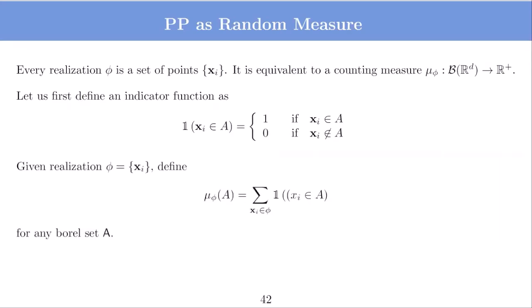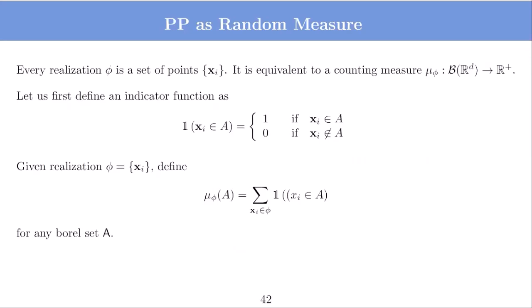So given a realization phi, which is nothing but the collection of some points xi, define a function mu phi such that mu phi of A for any set A is equal to the summation over these indicator functions. You go to each point xi in phi and add 1 if xi belongs to A, otherwise you add 0.